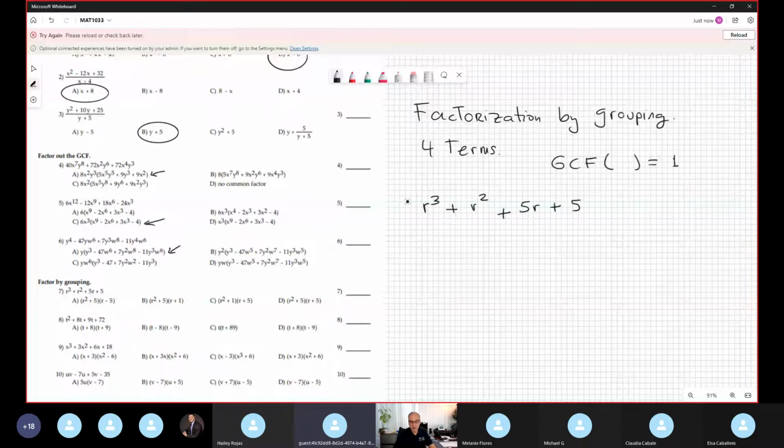In the first terms, we have R cubic, R squared, and R, so R is common. But in the last one, we have no R. In the two last terms, we have 5, but in the others, we have no 5. In the whole expression, we have no GCF. This is the new thing that this example brings me.